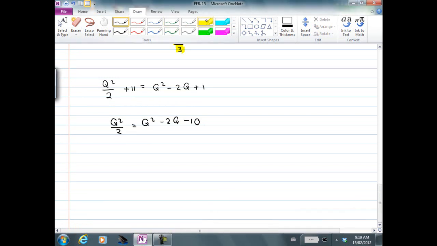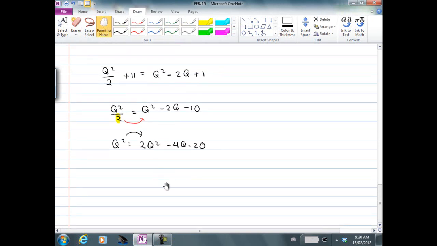So guys, I'm going to bring this 2 over by simply multiplying by 2. Again, no tricks. q squared equals 2q squared minus 4q minus 20. Now, when you have a q squared and a q term, always try to equate it to 0.